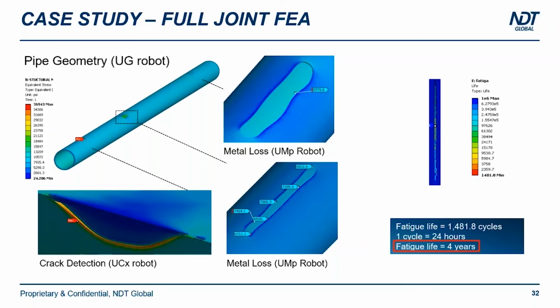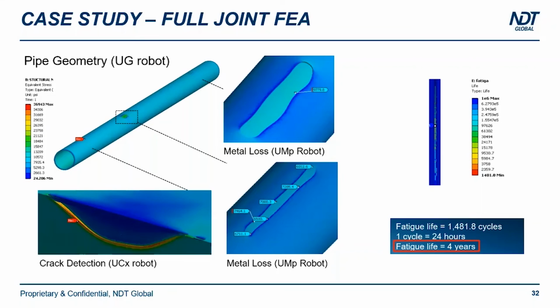After we create the 3D geometric model of the pipeline using the internal diameter measures performed by the UG robot, we create one internal surface model. Then, using the wall thickness record collected by the UMP robot, we incorporate in the model the real wall thickness of the pipe, and now we have a three-dimensional realistic model that considers the metal loss areas.